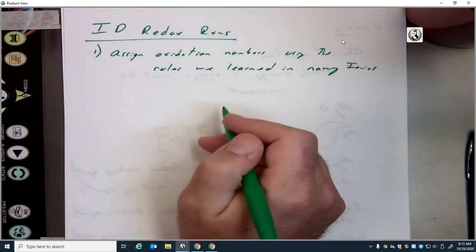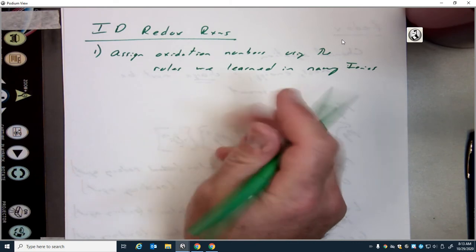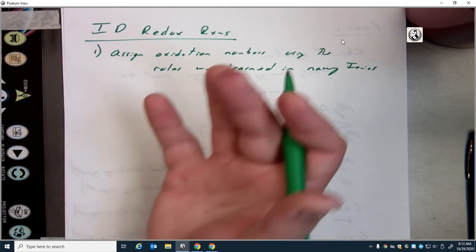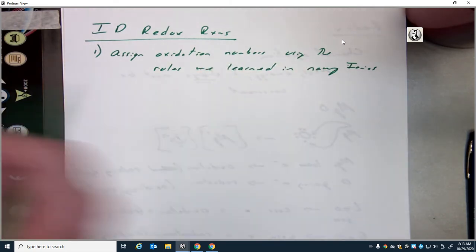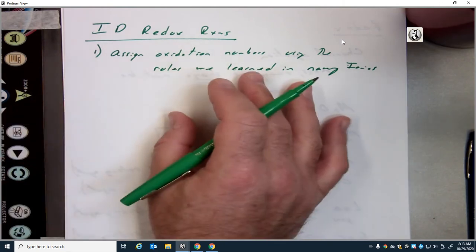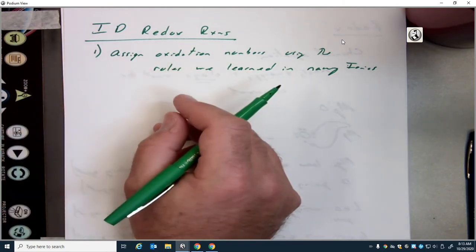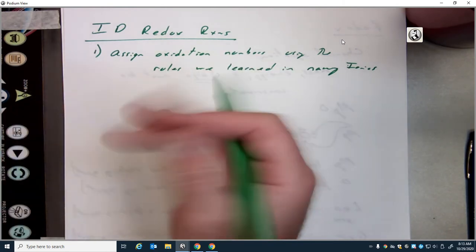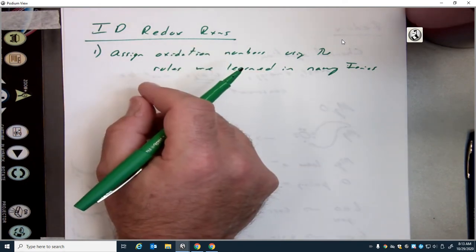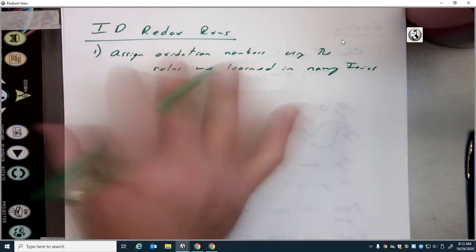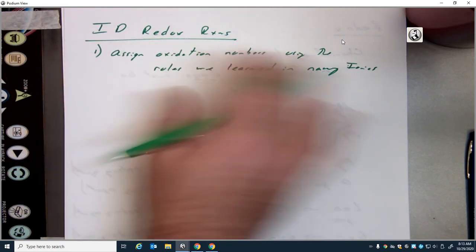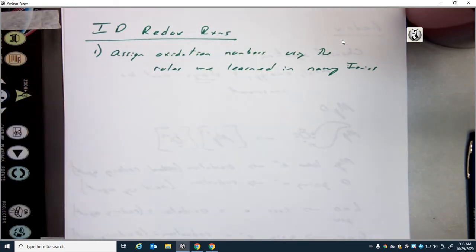So, for example, all of group 1, if they're in a compound, are +1. All of group 2 are +2. An uncombined element all by itself is 0. Oxygen is -2. There are a couple exceptions. The halogens are usually -1. All of those rules that we go through. So the first thing you need to do is assign your oxidation numbers.